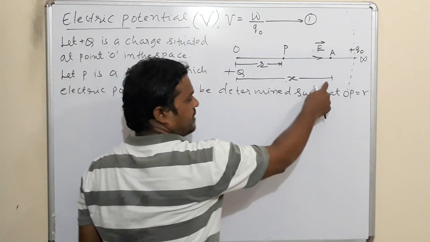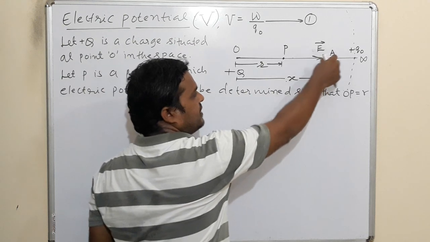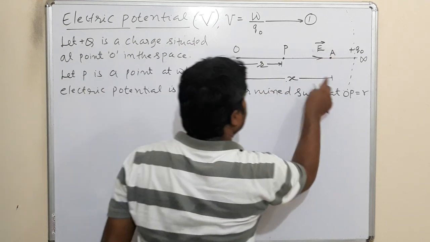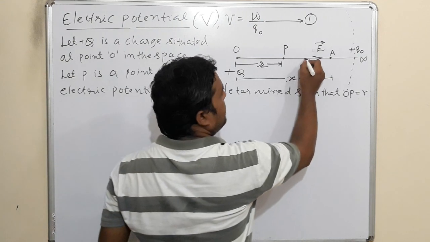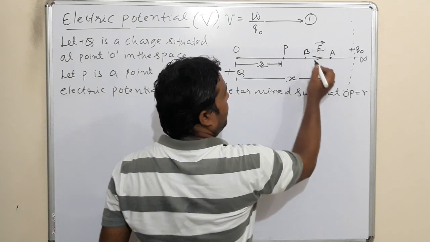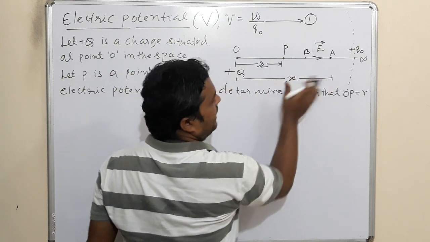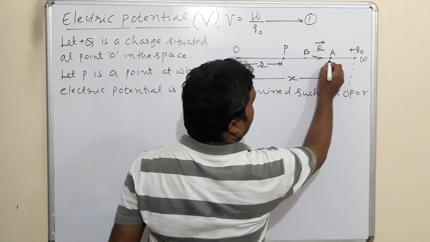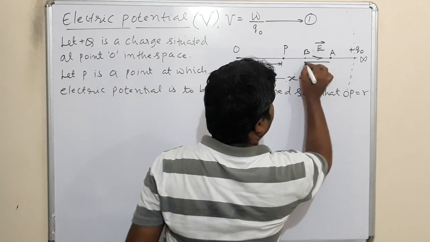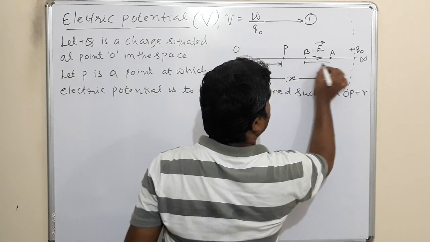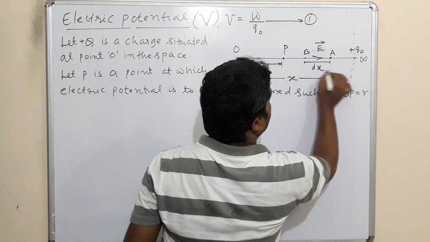X is a finite distance. Let me consider another point B here, which is a part of x, a small displacement dx.